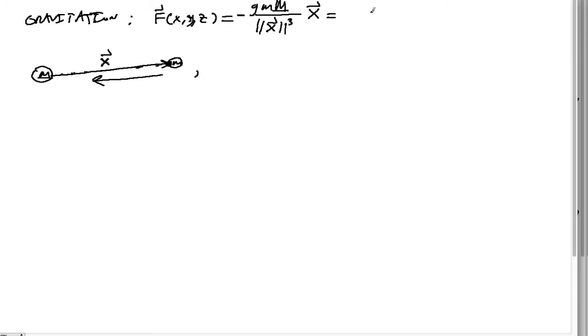So this actually turns out to be minus little g times little m times big M times, so what is this down there? That's going to be the 3/2 root of x squared plus y squared plus z squared, right? All times, and here's the vector part.